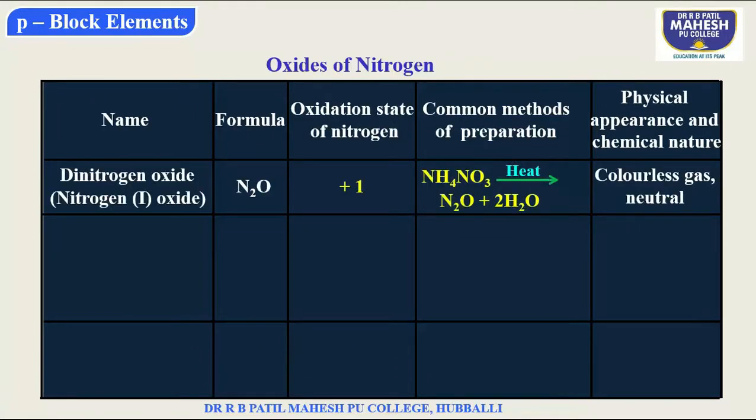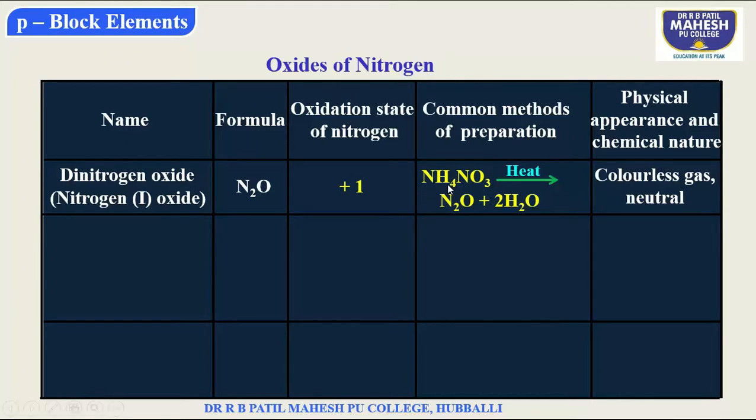The first one is dinitrogen oxide, also called nitrogen 1 oxide. This 1 in Roman numerals indicates the oxidation number. This dinitrogen oxide has a formula of N2O, in which nitrogen has an oxidation number of +1. It is obtained by decomposition of ammonium nitrate.